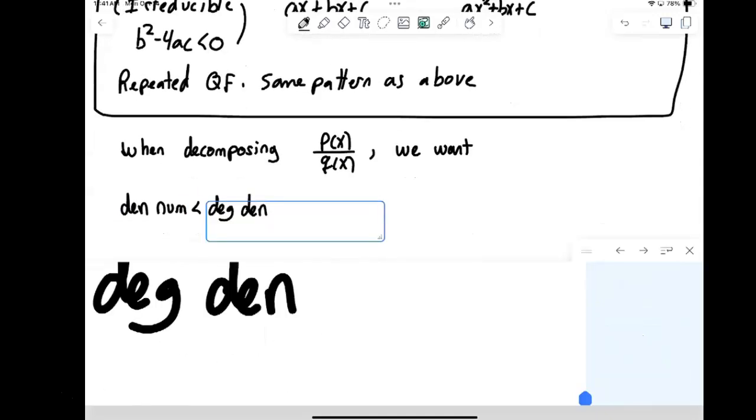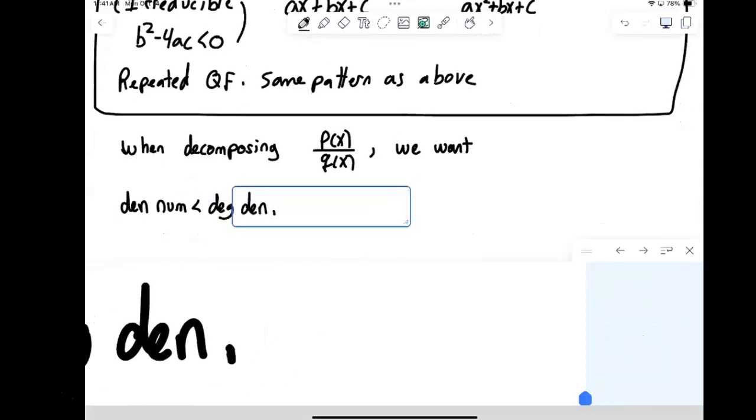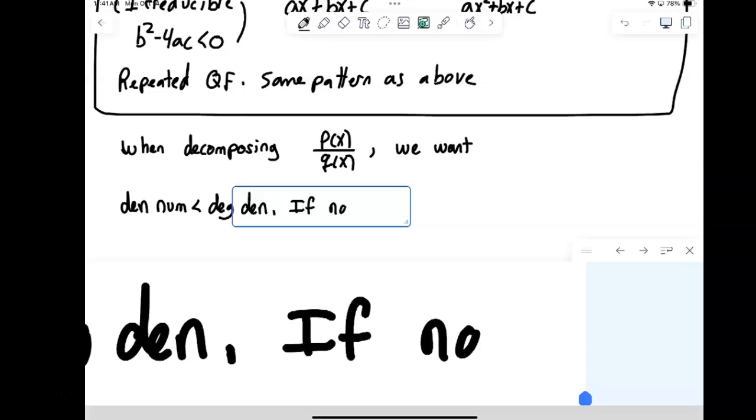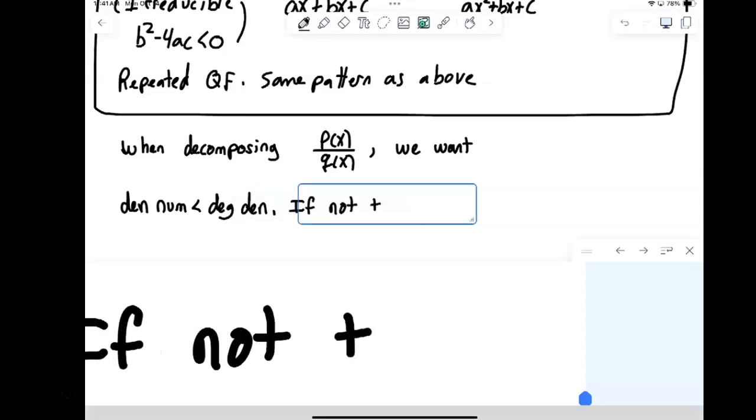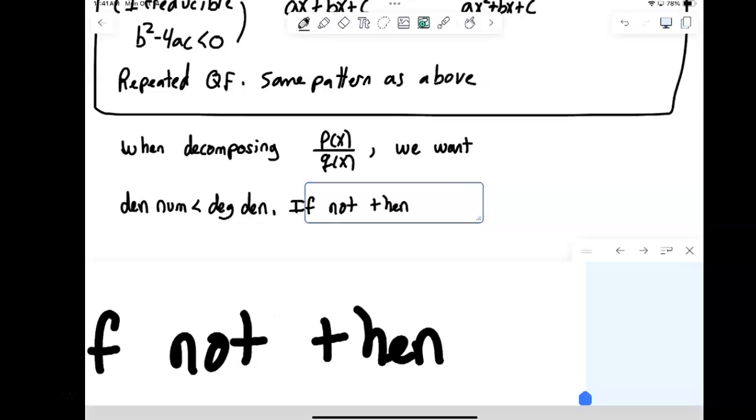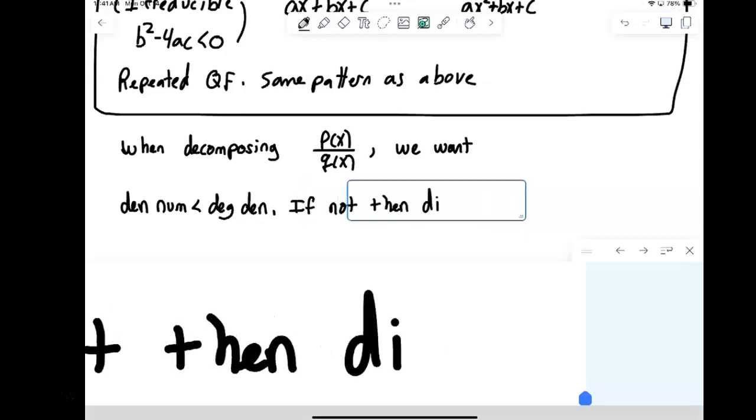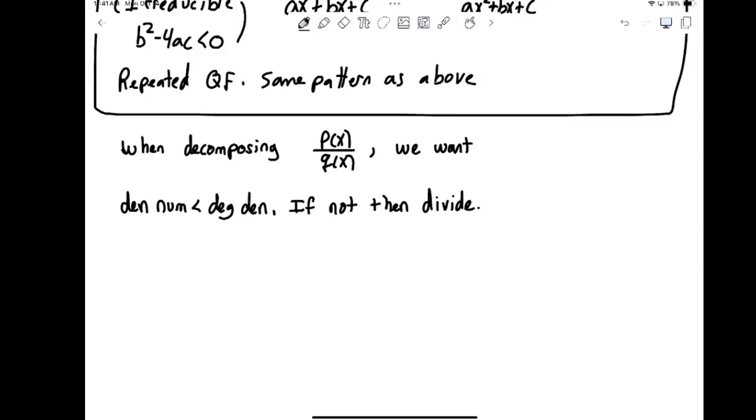Okay, if we don't have that, then we divide. All right, we're back to what we did in 8.1, where we introduced that idea of polynomial long division.